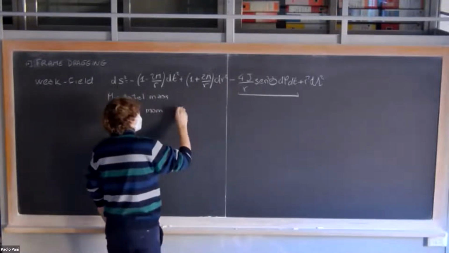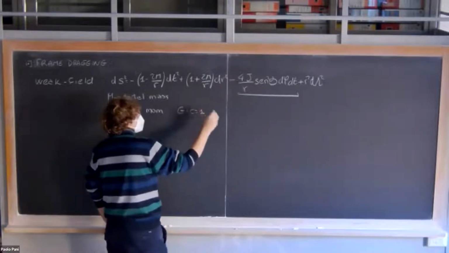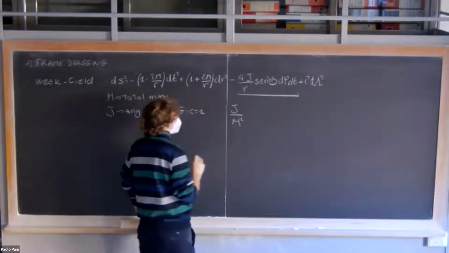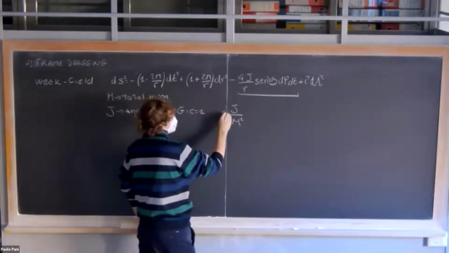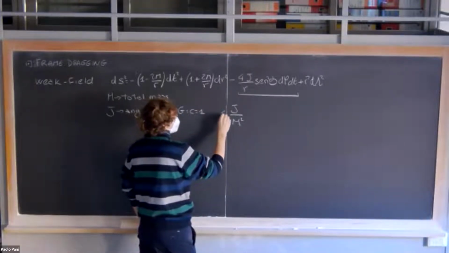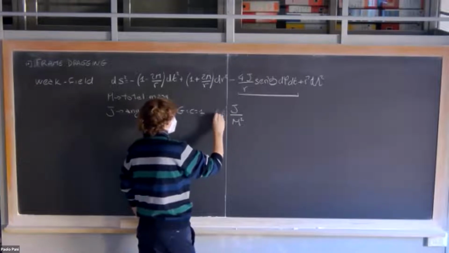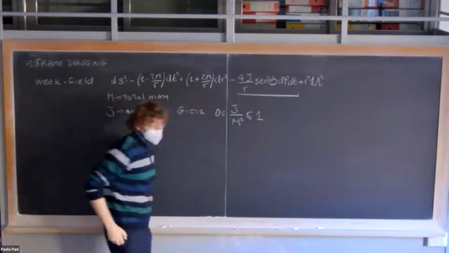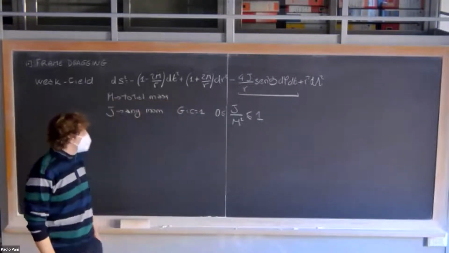In the G equals 1 units that we are using, J over M squared is the dimensionless spin, which for a spinning black hole, the Kerr solution, is bounded between 0 and 1.